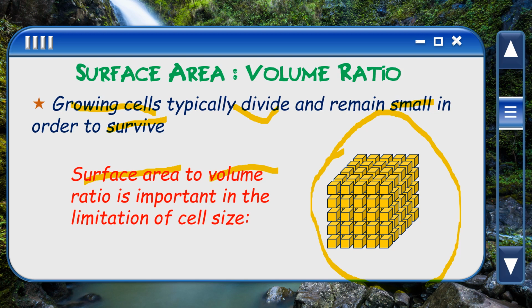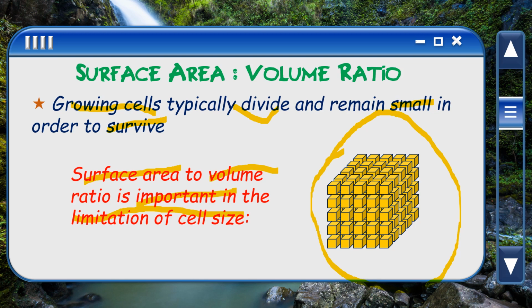If we have more products being produced than the products that are going out of the cell, then the cell is also going to die. So what should happen, so that we maintain an equilibrium between metabolism and exchange of material, is to increase the surface area to volume ratio. Therefore, that is important in the limitation of the cell size.